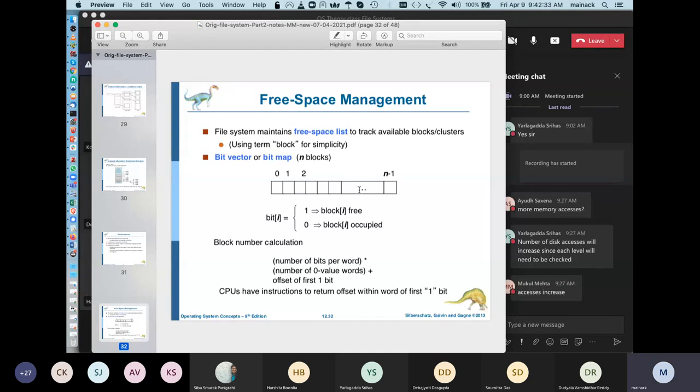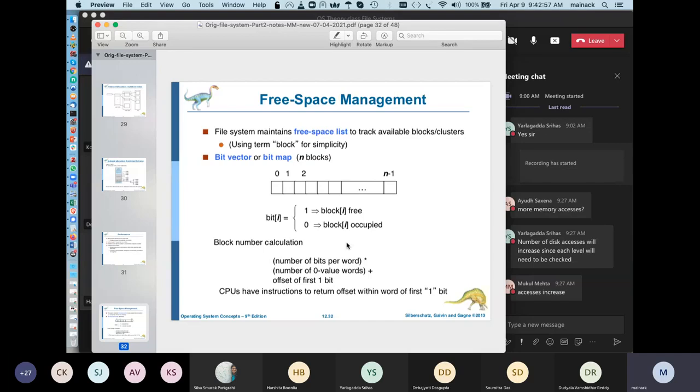In fact, many computers supply bit manipulation instructions that can be used effectively on bit vectors. That's why people use this bit vector, because ultimately you need to know: I want k free blocks, how do I get k ones in this bit vector.